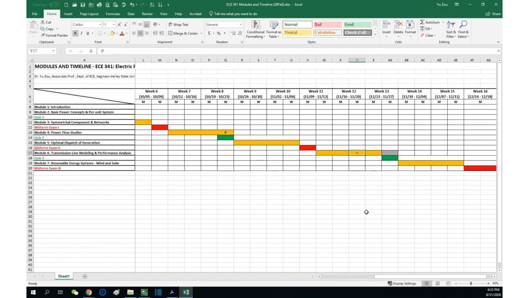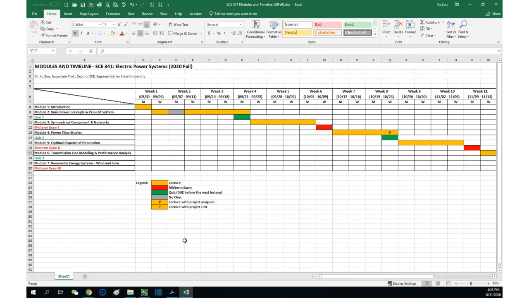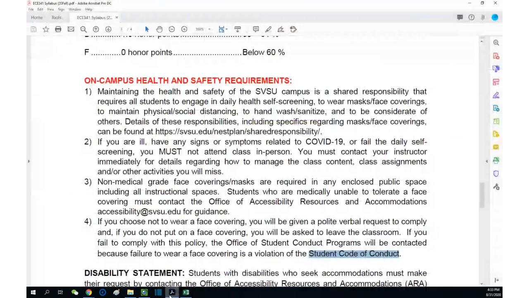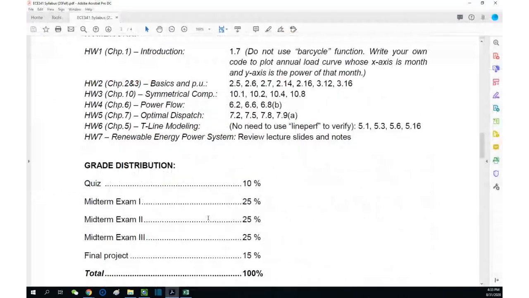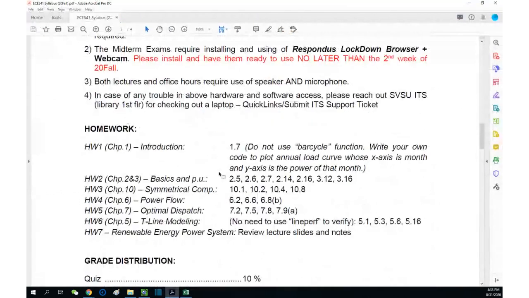I got a question. I see how each module corresponds to the homework, and they all correspond to their own chapter within the book. Looking at the book, when it says homework 1, which refers to chapter 1, the introduction, question 1.7.